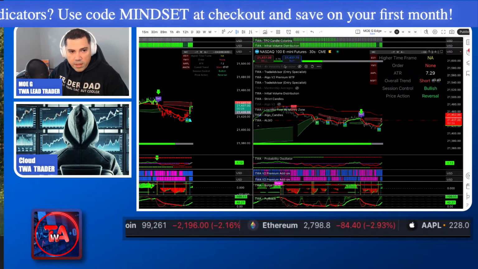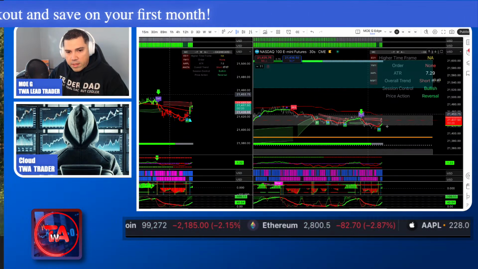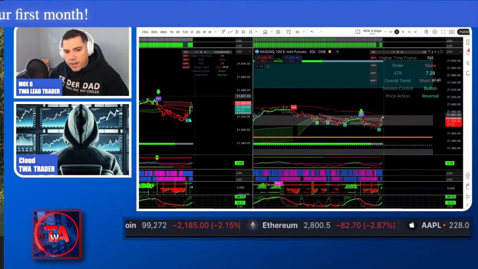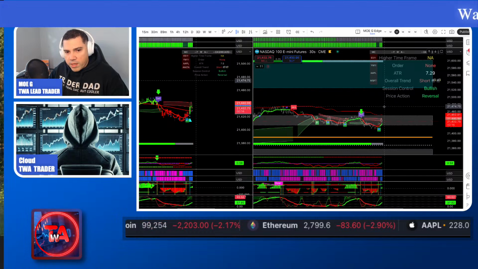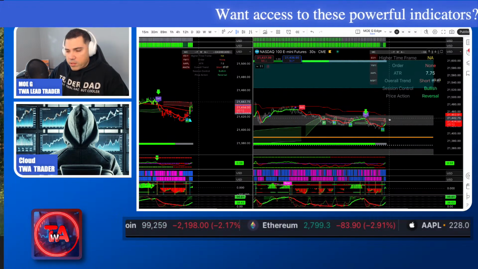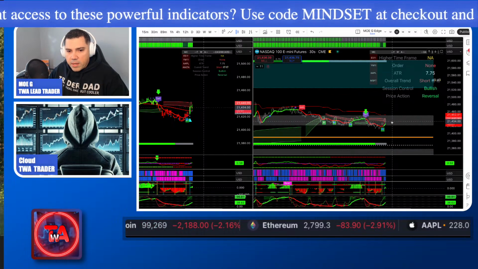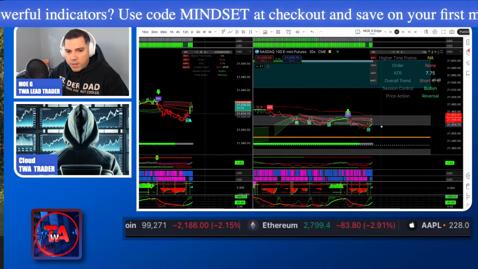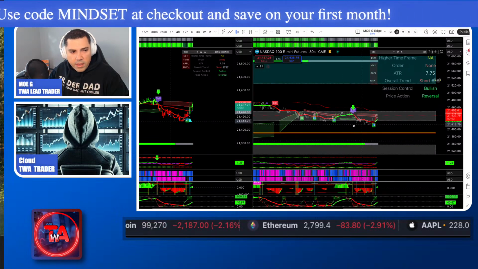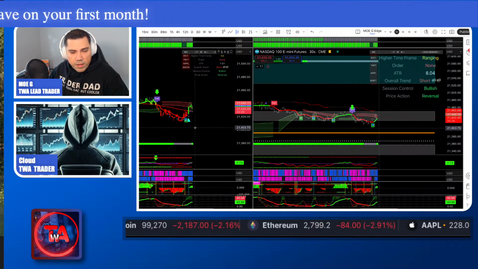If we look at the context from the 4 hour, we can see we are in the expensive box on the small setting. So what does that tell me? If you're going to take a long, make sure your risk management is matching the context of where we are. Other than that, we are looking like we're going to have a pretty good trading day.